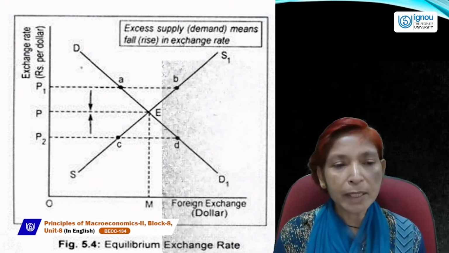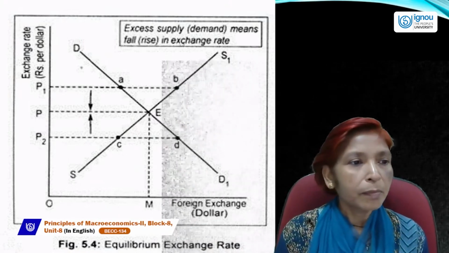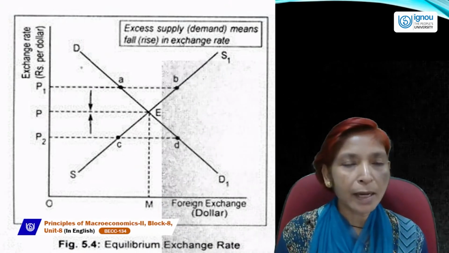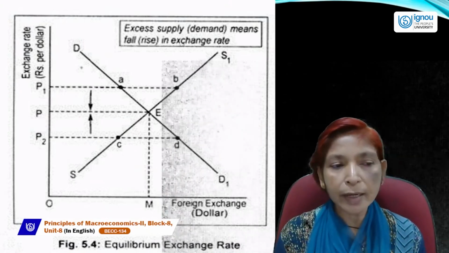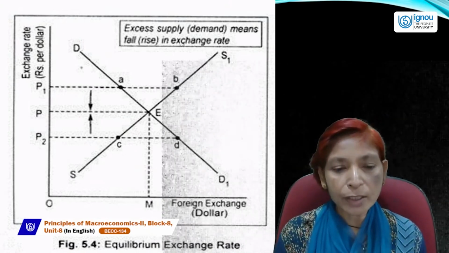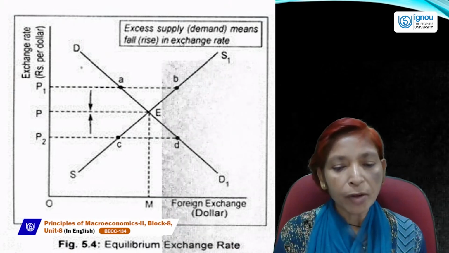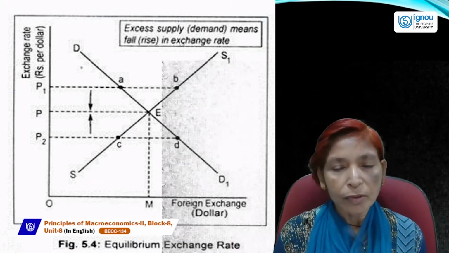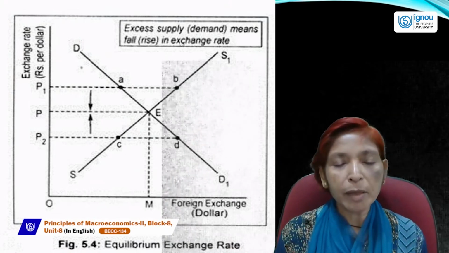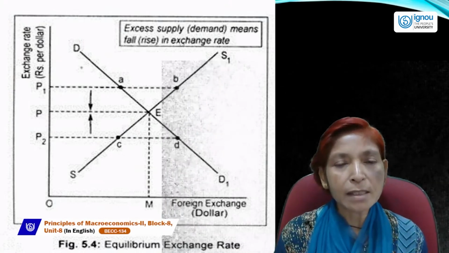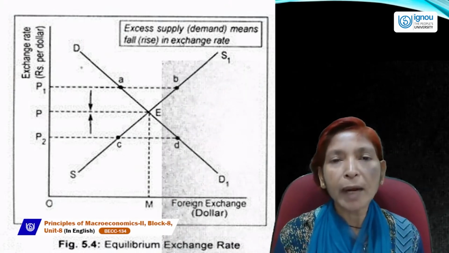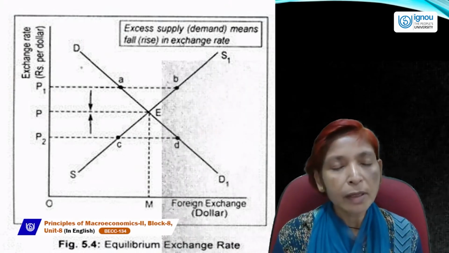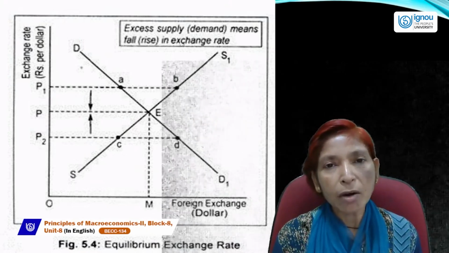At this equilibrium, P is the actual or initial exchange rate, and the quantity of foreign exchange is M. So this equilibrium point shows that the flexible exchange rate is determined with the forces of demand and supply of foreign currency.